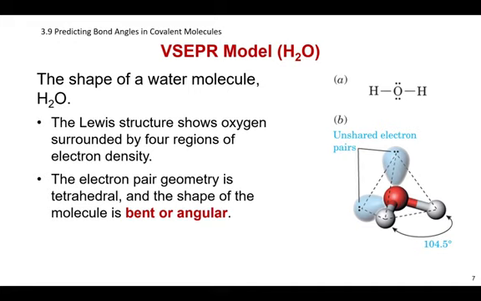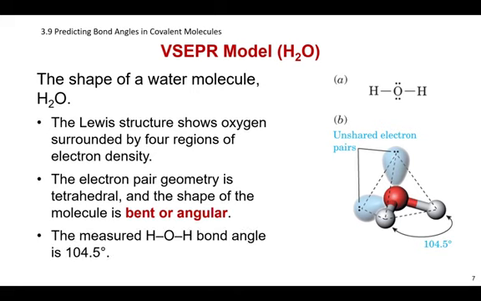It contracts from 109 to 104.5. So this is called angular. Ammonia molecule is called triangular pyramidal or pyramidal. This is called angular or bend. Bend means like an elbow. Why is it 104.5? Ammonia is 107. Ammonia has only one lone pair. Water has two. It pushes down the 109 further.